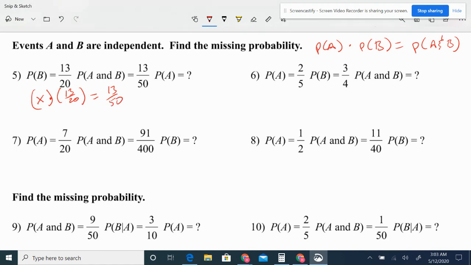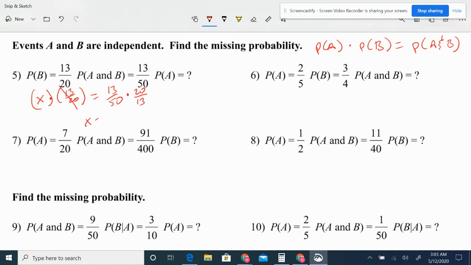All right, so I'm looking at how I can get my X by itself. The way I can do this is divide by 13 over 20. But when I divide by a fraction, don't I just multiply by the reciprocal? Didn't we learn that it was easier to just multiply by the reciprocal? So I'm going to divide by 13 over 20, and that's going to cancel on the left side. But on the right side, I'm going to multiply by 20 over 13, the reciprocal.